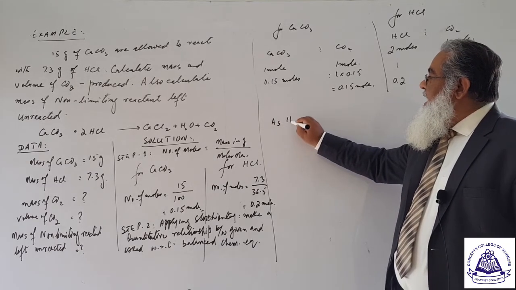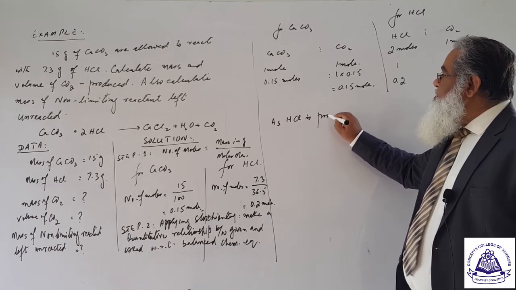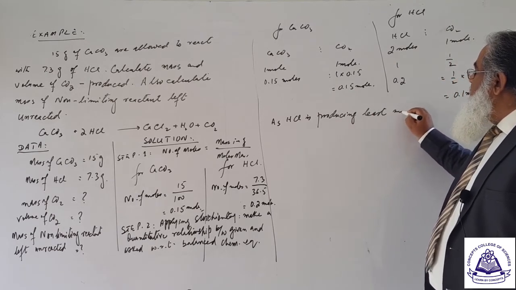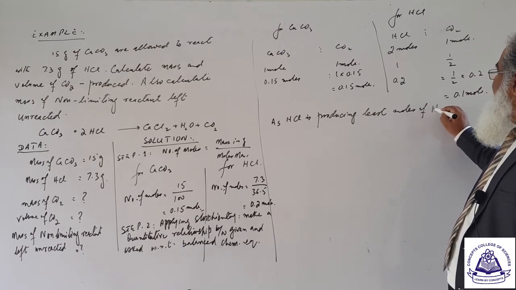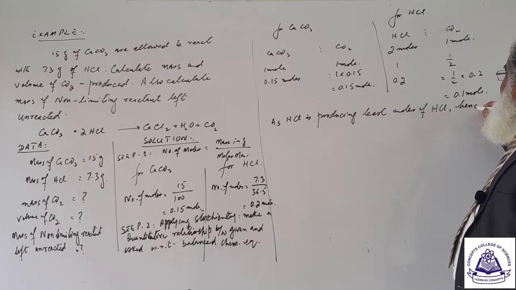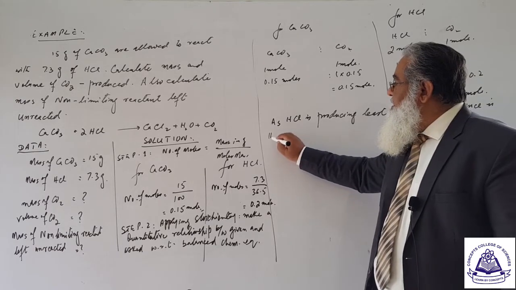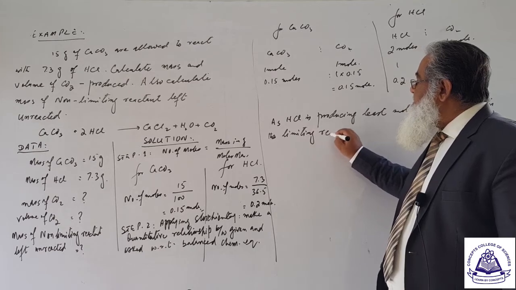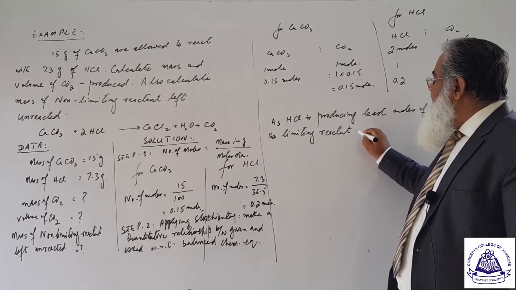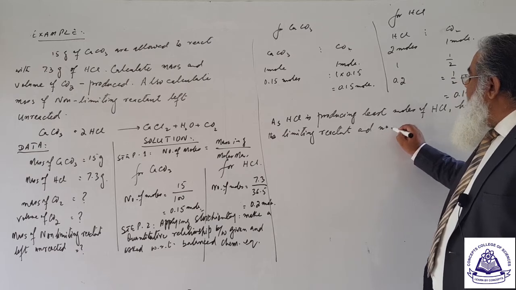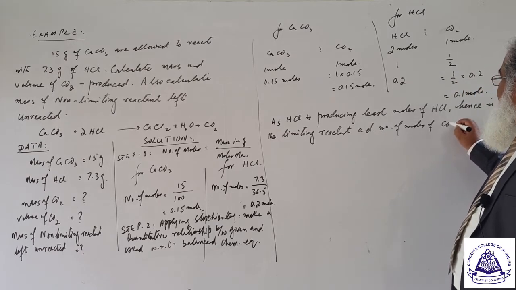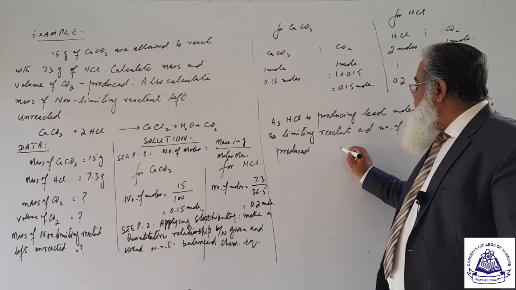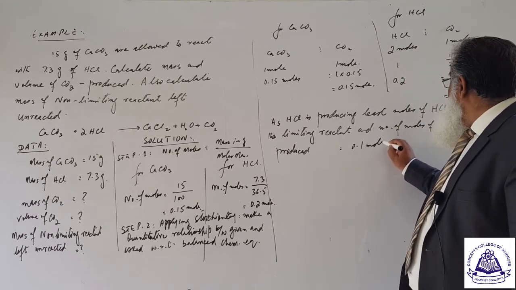As HCl is producing the least moles of carbon dioxide, hence HCl is the limiting reactant, and the number of moles of carbon dioxide produced will be equal to 0.1 mole.